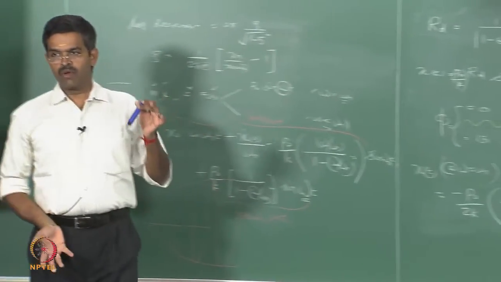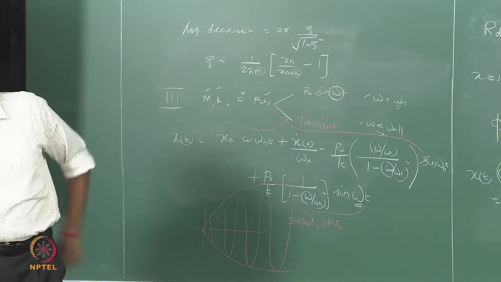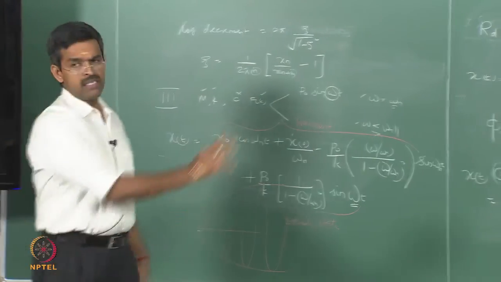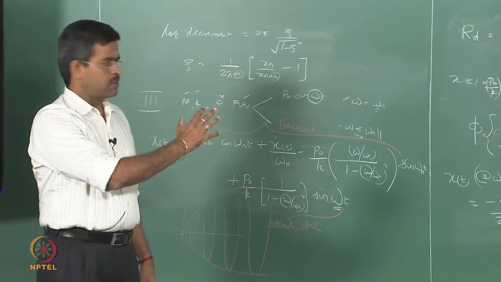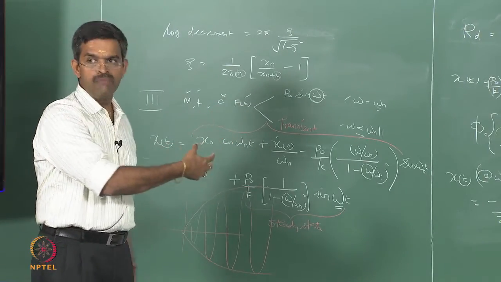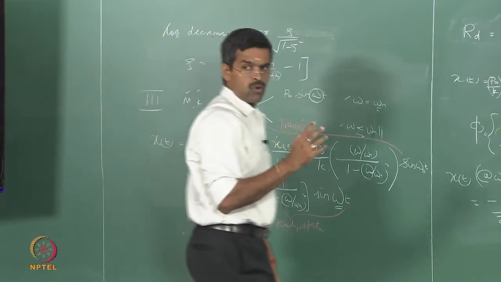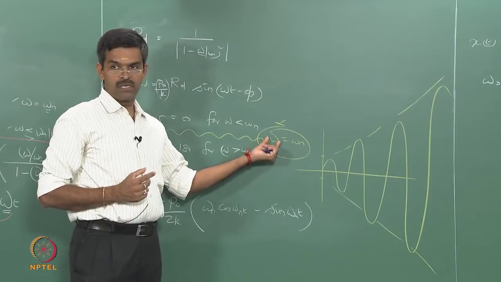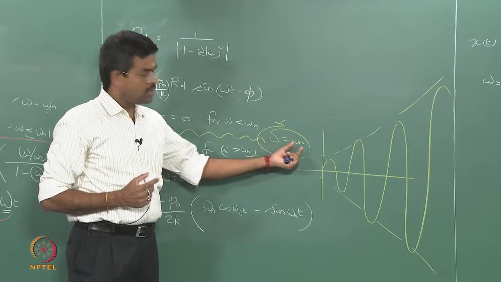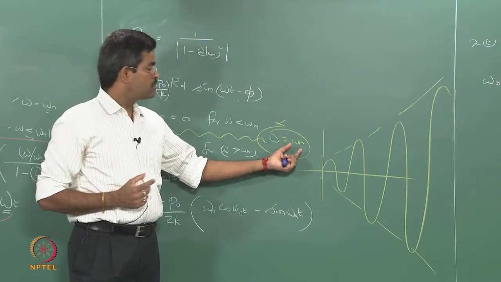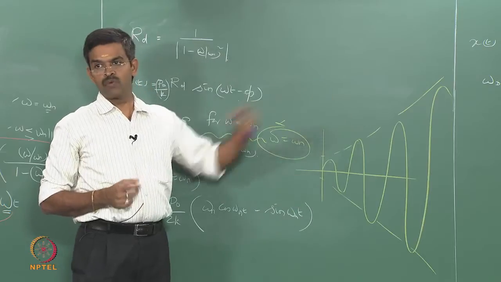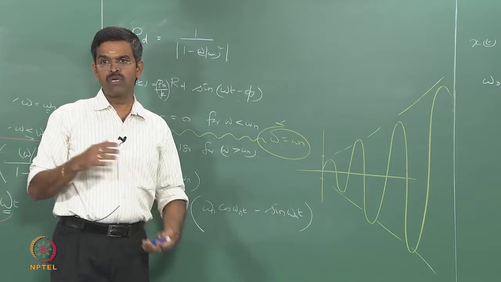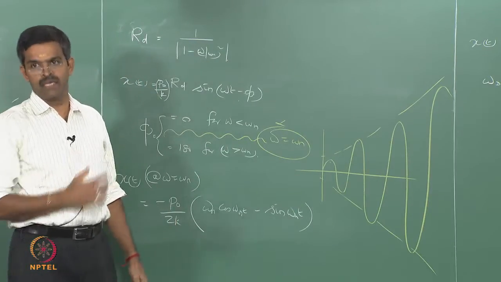Like a bell, it grows like a bell. This undesired behavior we do not want, because I cannot allow the response to remain infinity, because we have no control of this condition in reality, because the forcing function frequency can match the natural frequency of the system. At that situation, the system should not enter into an undefined unbounded response. We do not want a system to be designed like that.